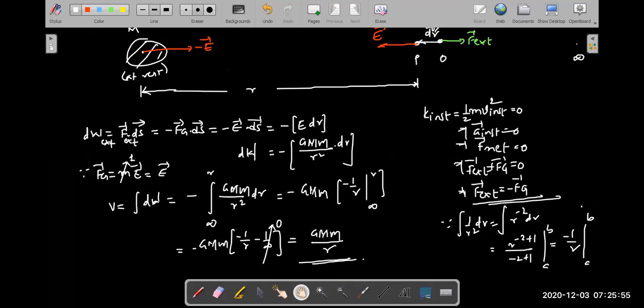Okay, the mass was supposed to be substituted as 1, so this is G M by r square. Apart from that, we have an issue with the negative sign.